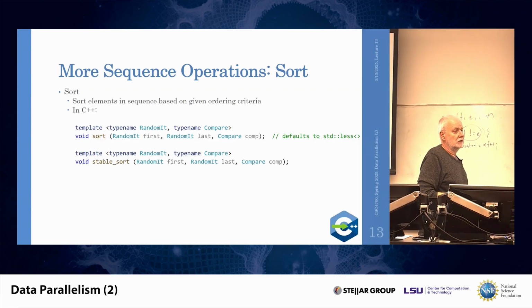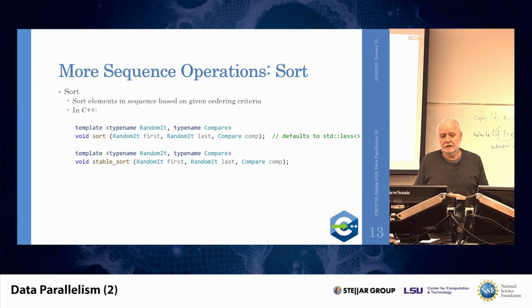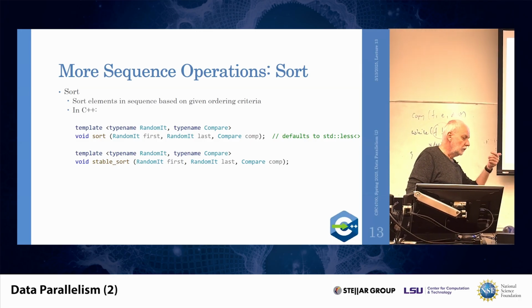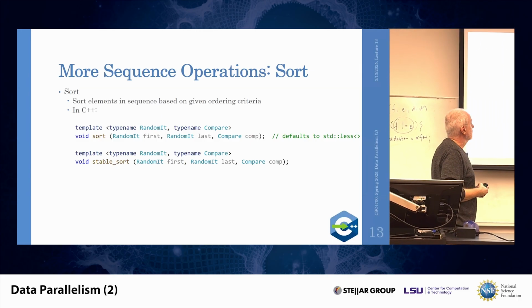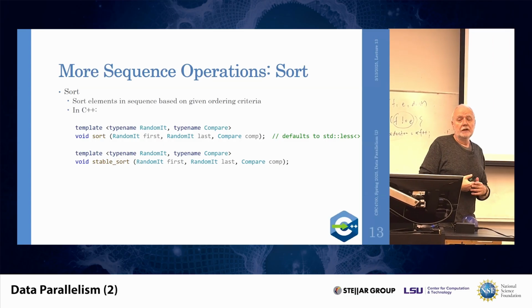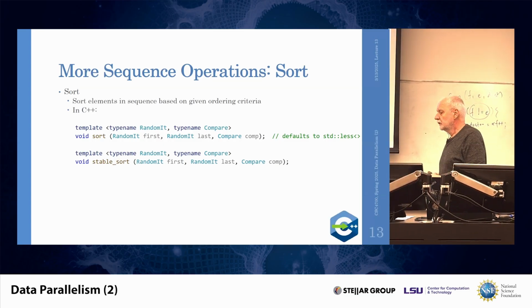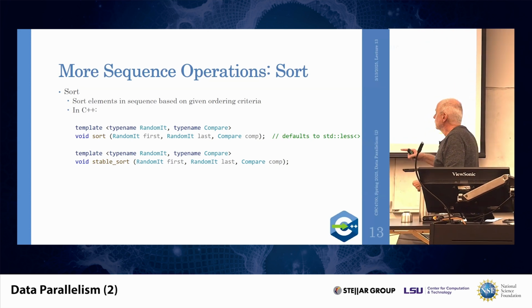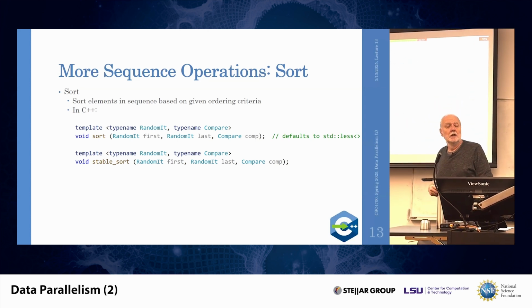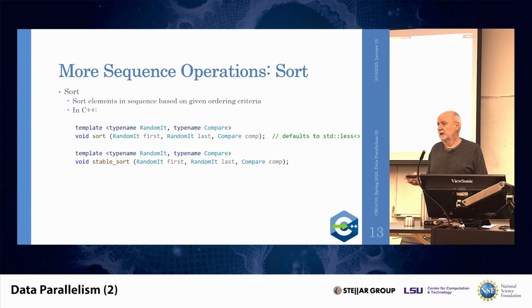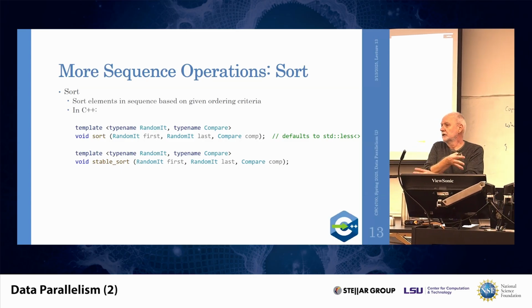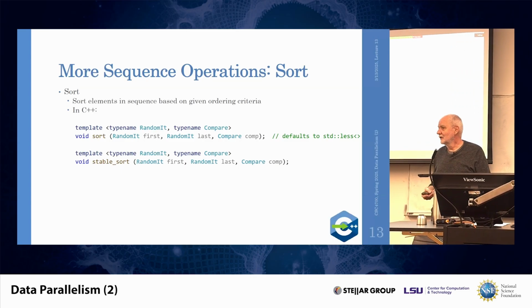Sort doesn't guarantee that. So for sort, it might happen that the elements get reordered even if the value itself is the same. Now you might say, hey, what's the difference? If I'm ordering a sequence of integers, why do I want to use stable sort instead of sort? Well, for a sequence of integers, it doesn't matter, obviously, because you don't care whether two integers got swapped if the value is the same.